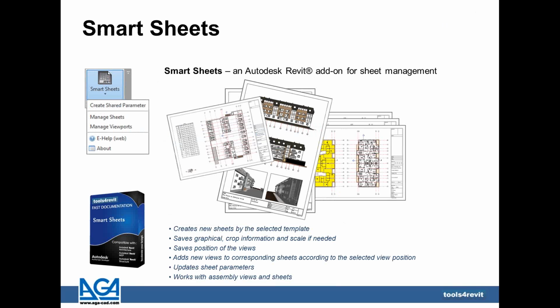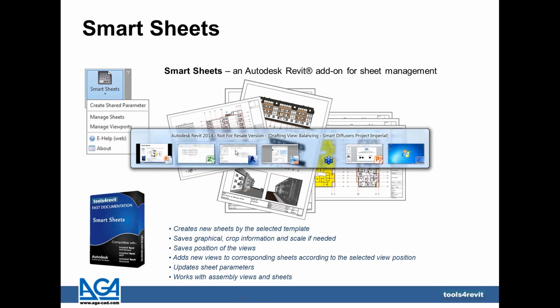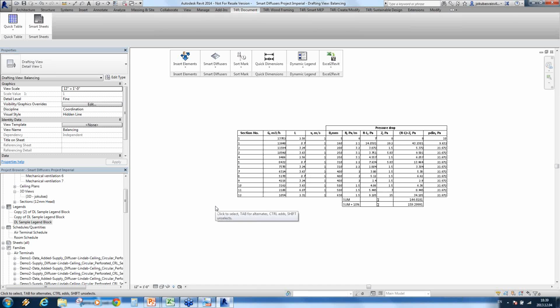The last thing for me for today is Smart Sheets. It's an Autodesk Revit add-on for sheet management, and it is very fast. I will show you in a minute how it works.